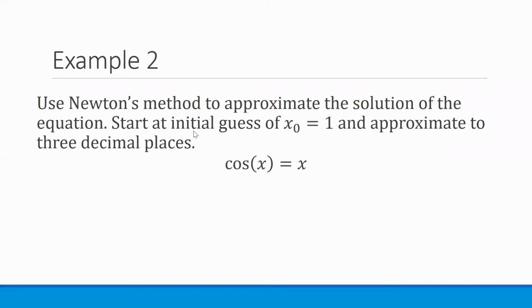So let's go ahead and use Newton's method to approximate a solution for this equation. We're going to start with an initial guess of x0 equals the number 1. And we're going to approximate this time to within 3 decimal places. We'll see how we go about doing that in just a second.